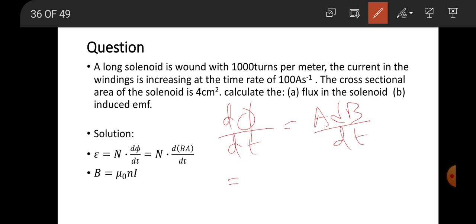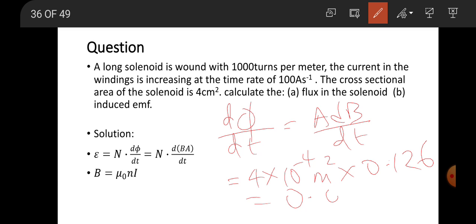Your A is 40 centimeters squared, which is 4 times 10 to the power minus 3 meters squared. If you convert that, then multiply by the rate of change of flux density, 0.126. Okay, so if we multiply that, 4 times 10 to the power minus 3 multiplied by 0.126, that will give us 0.0000504, or you say 5.04 times 10 to the power minus 5.